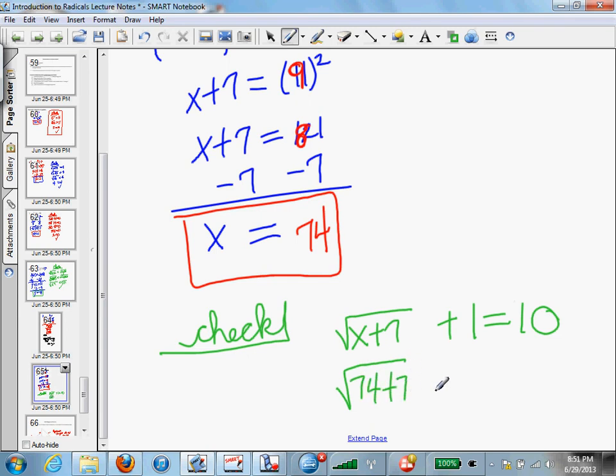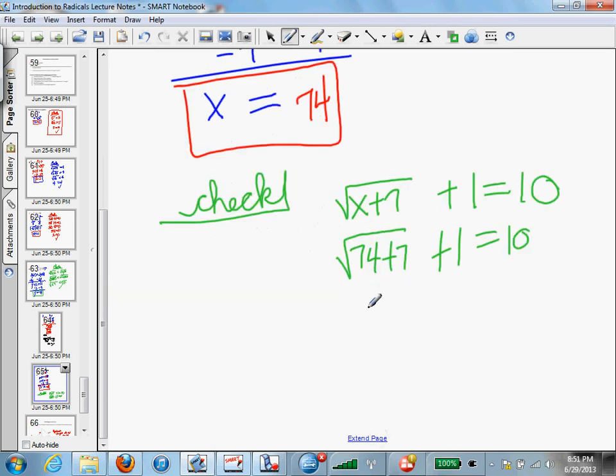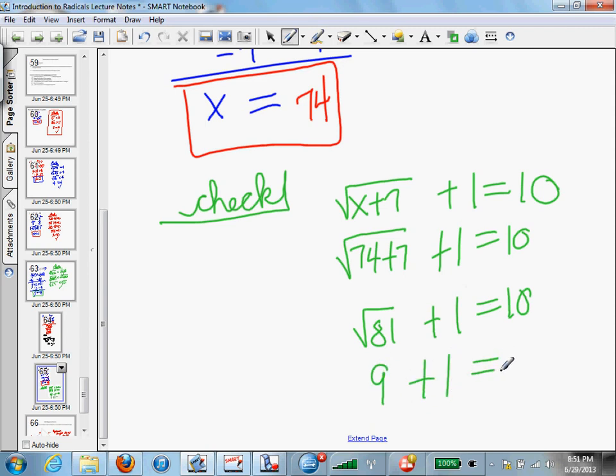We'll have the square root of 74 plus 7 inside the radical, plus 1 equals 10. So inside we have the square root of 81 plus 1 equals 10. Square root of 81 is 9, plus 1 equals 10. And of course 10 equals 10, making this a true statement, meaning that 74 does equal x.